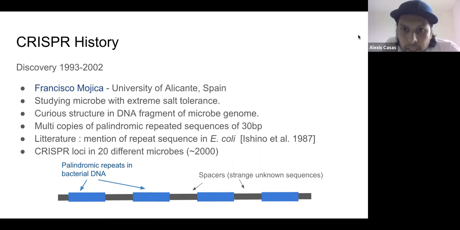And that was in 1987. And he kept on looking, and by year 2000, he found the CRISPR loci in about 20 different microbes, including Mycobacterium tuberculosis, Clostridium difficile, or the plague bacteria.